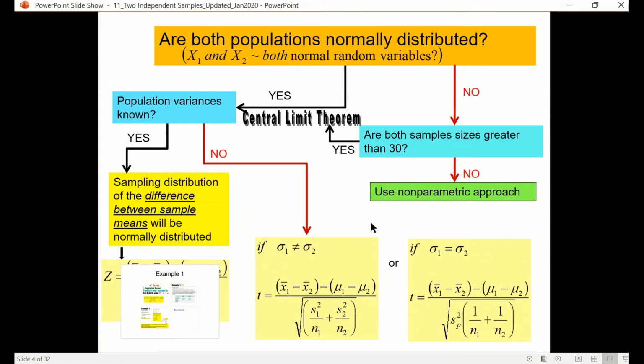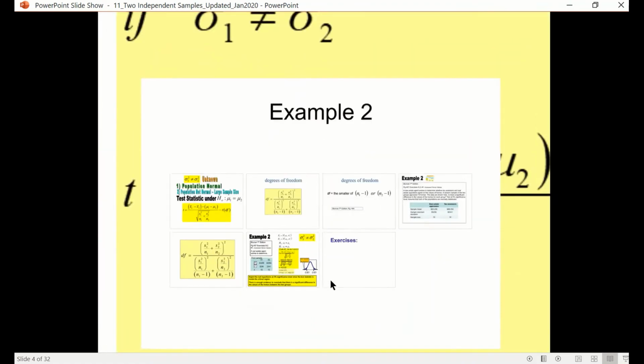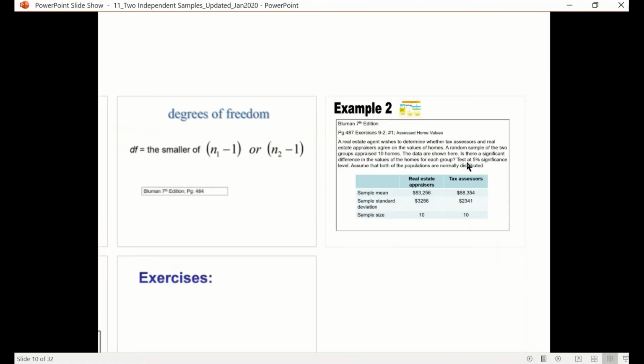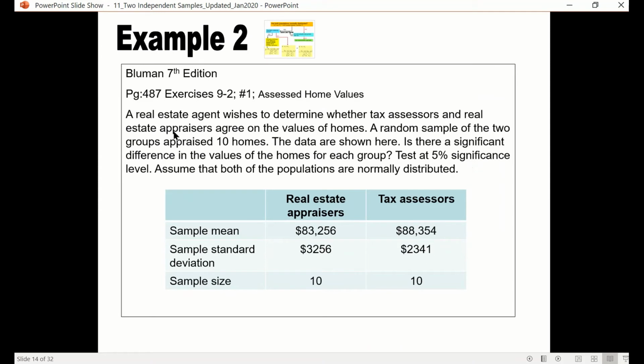Let's go to example number 2. A real estate agent wishes to determine whether tax assessors and real estate appraisers agree on the values of homes. A random sample of the two groups appraised 10 homes.